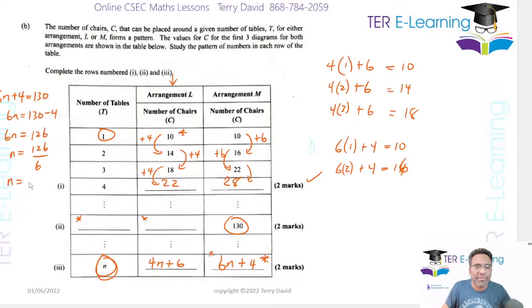So therefore n is going to be equal to 21. To figure this piece out here, it's simply going to be 4 by 21 plus 6, and that's going to give me 90. So this here is 90.